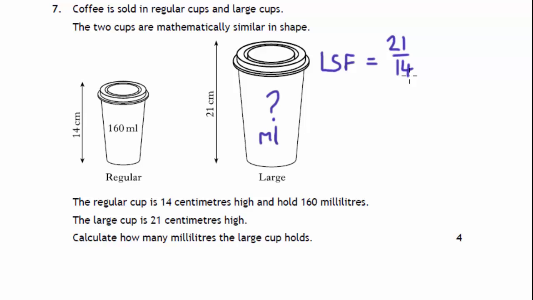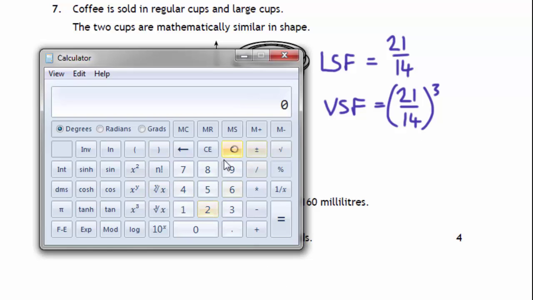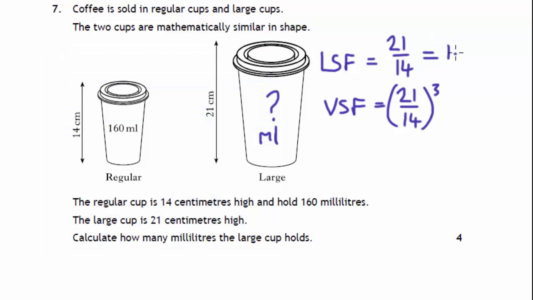We'll just keep it as a fraction, and the volume scale factor will be that fraction, but cubed. I'll just double check: 21 divided by 14 is 1.5. So that's the same as 1.5 cubed.